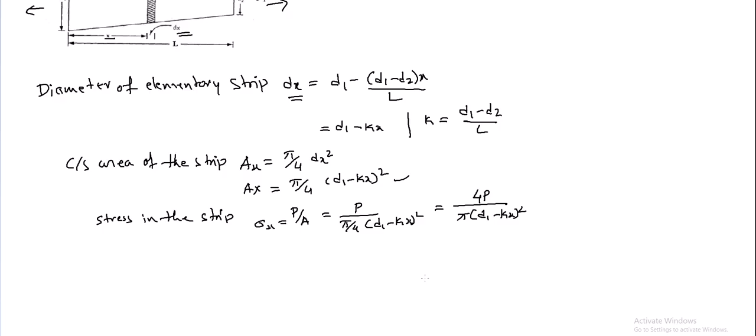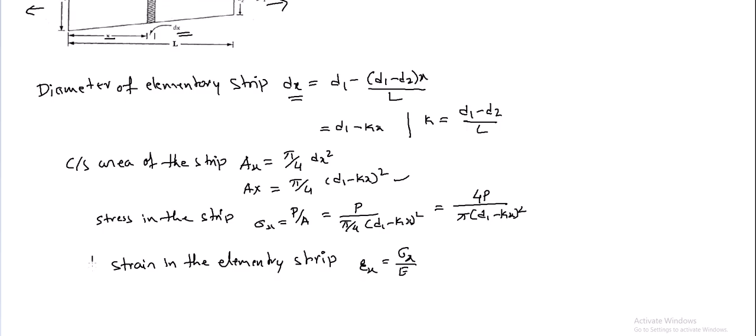Now I will write this for strain in the elementary strip. How do you note the strain? It is strain x. Strain can be written as stress by Young's modulus, right?